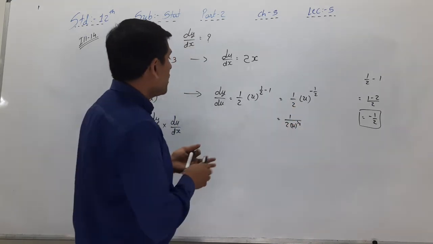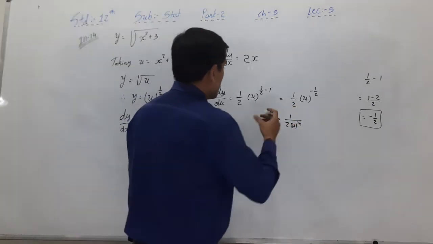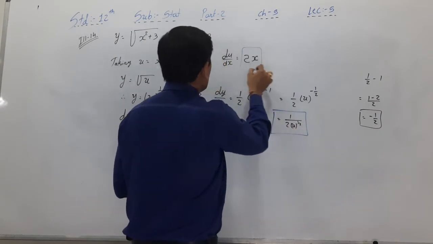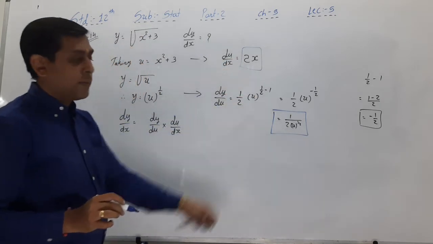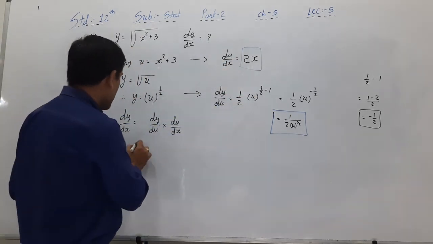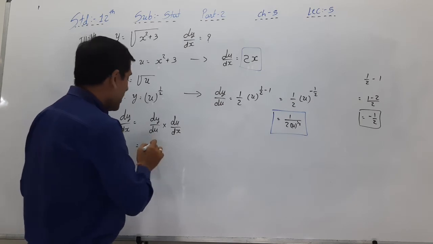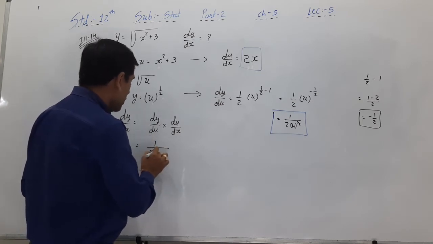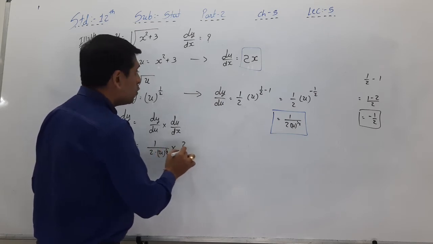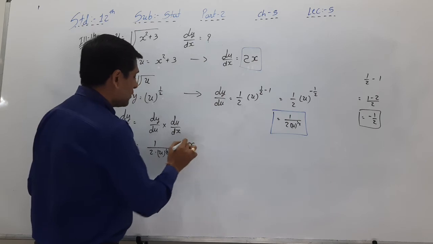Now we have dy by du and we have du by dx. Just multiply these two to find dy by dx. Here I am writing the values. Dy by du is 1 by 2 into u raised to 1 by 2, into 2x.